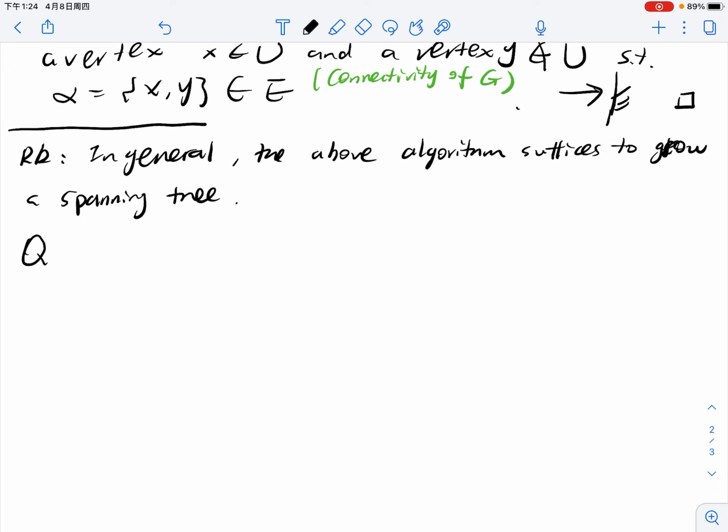But an immediate question is, what if we expect more for the spanning tree?